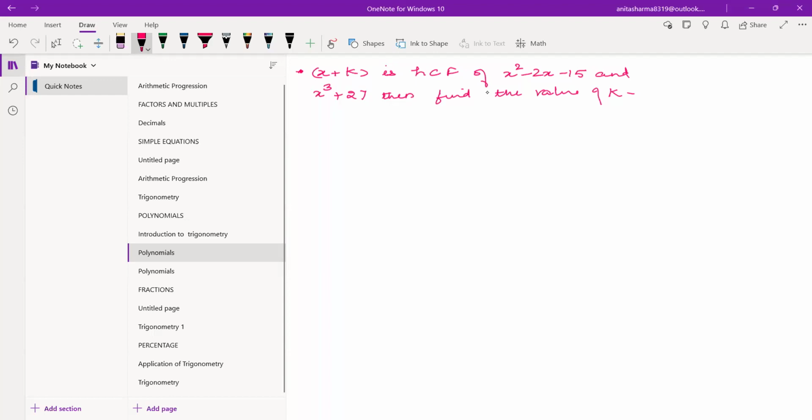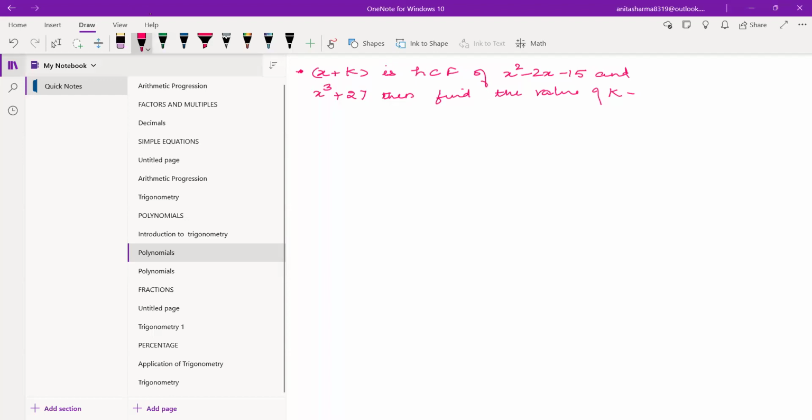Moksha? No idea, ma'am. Ma'am, first we can factorize x square minus 2x minus 15 and then get the factors. Then we can do the same for x cube plus 27, which will give x cube plus 3 cube.